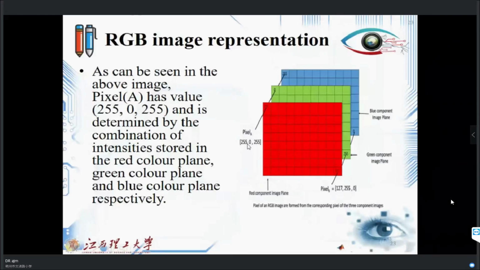It means that we have 255 for the red one, 0 for the green, and 255 for the blue one, which is determined by the combination of intensities stored in the red color frame, green, and blue. And here also, suppose we have 127, 255, and 0, which in this combination at the other corner can also generate different colors.